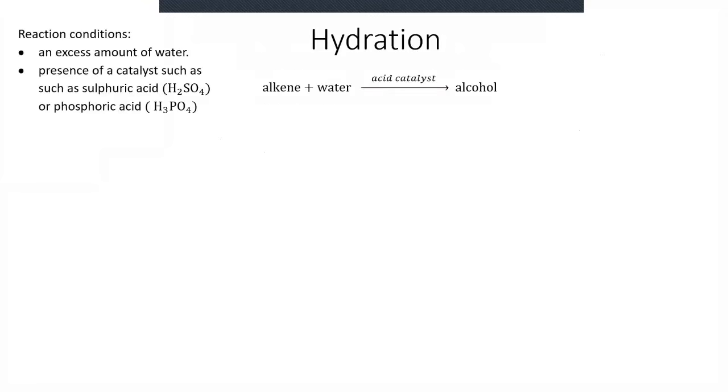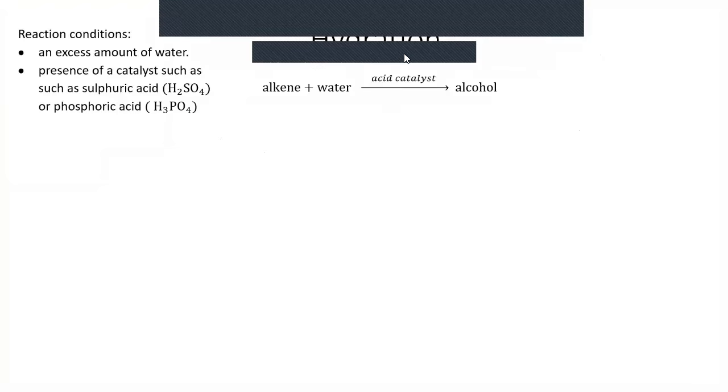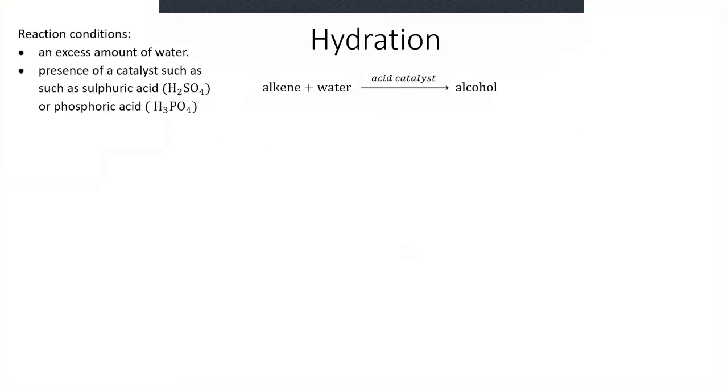Okay. Hydration. Let's go to hydration. Hydration makes its name quite clear. When you say hydration, you're pretty much talking about the addition of water. So an alkene, if you add water onto it, it gives you an alcohol. So hydration is the addition of water to an alkene.